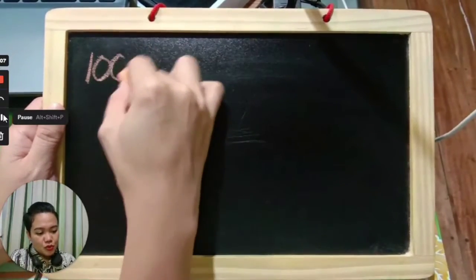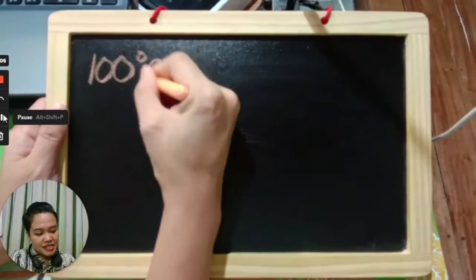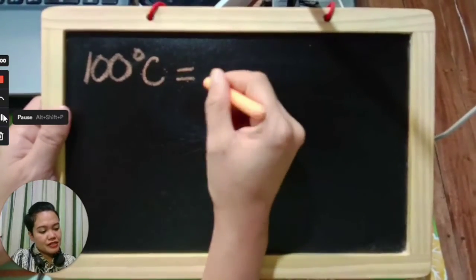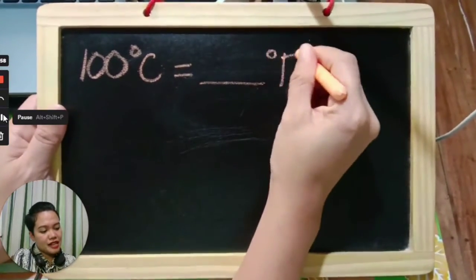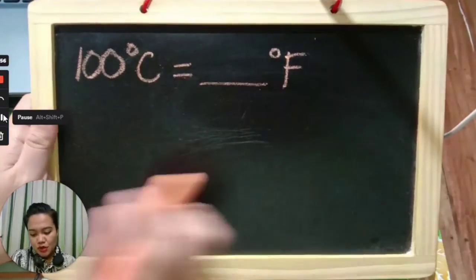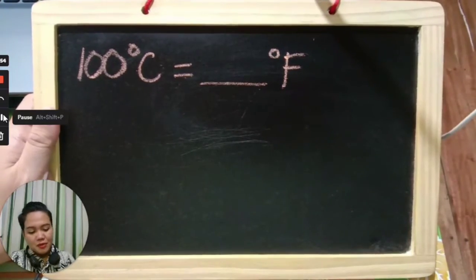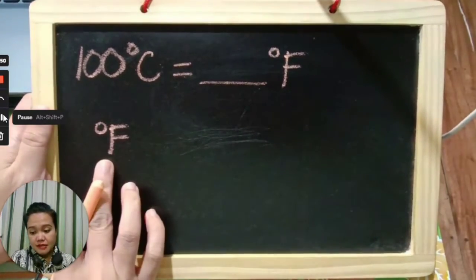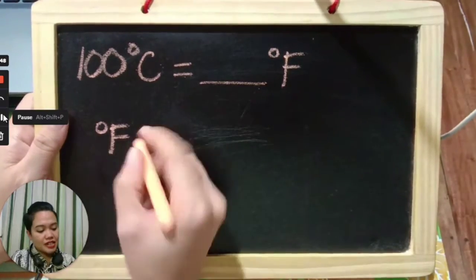Now for temperatures, it's somehow different because we have a formula instead of a conversion factor. So if our given is 100 degrees Celsius, how much is that in degrees Fahrenheit? We will follow the formula to get the temperature in degrees Fahrenheit.